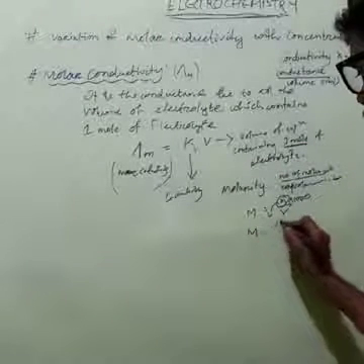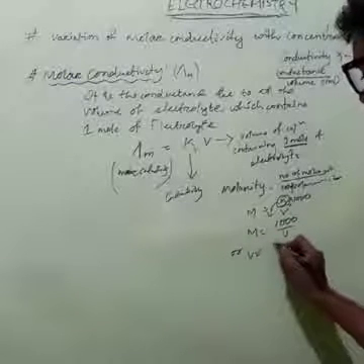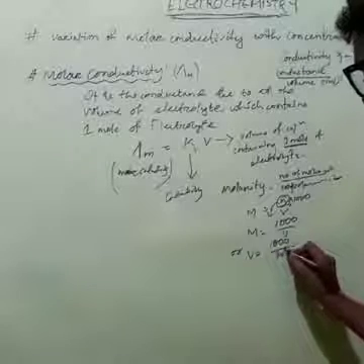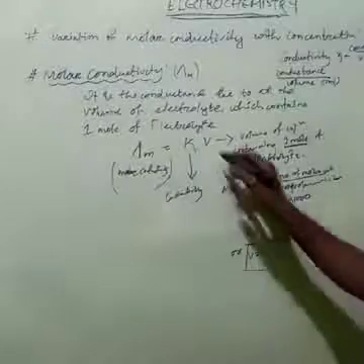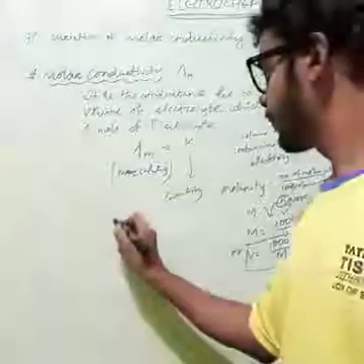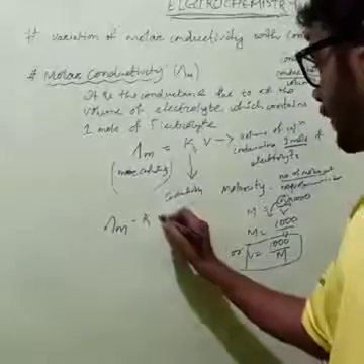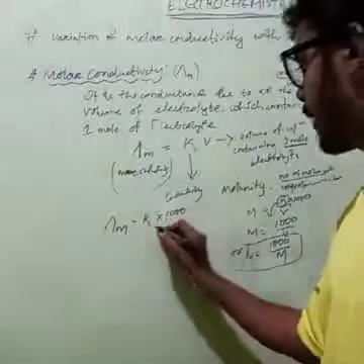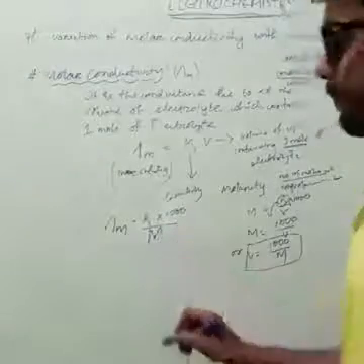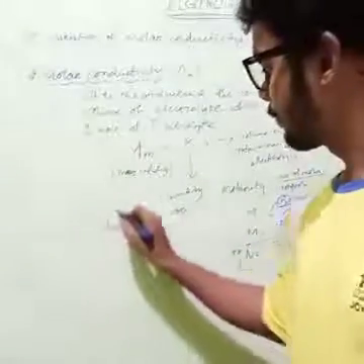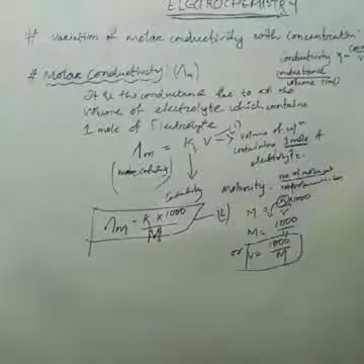So M equals 1000 by V, or V equals 1000 by M. If you put the value of V in the molar conductivity equation, lambda m equals kappa into 1000 by M.